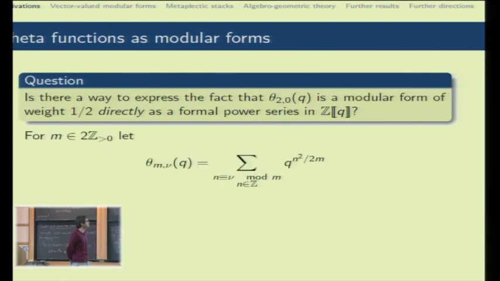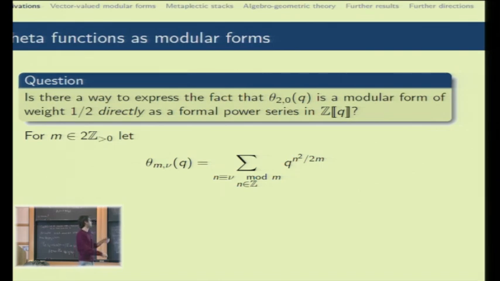More generally, it just turns out to be easier to consider a whole family of single variable theta functions where you put a quadratic form n squared over 2m in the exponent, and you don't sum over all the integers, you just sum over the ones that are congruent to certain congruence classes modulo m. Okay, and m throughout the whole talk is going to be a positive even integer.